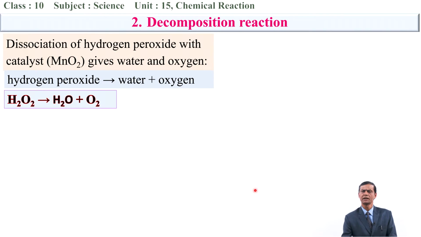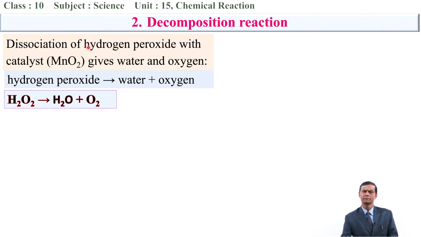So, decomposition of hydrogen peroxide with catalyst MnO2. MnO2 means manganese dioxide catalyst, which you are well familiar with from the lab preparation of oxygen gas in grade 9, because we used manganese dioxide catalyst to decompose potassium chlorate to produce potassium chloride and oxygen gas.